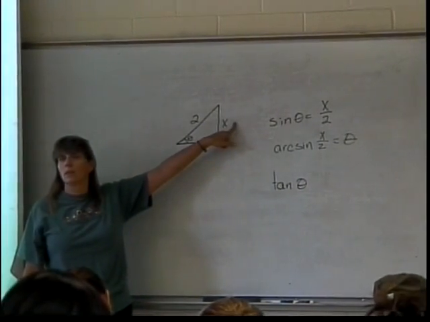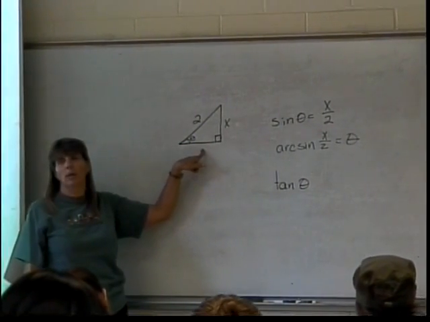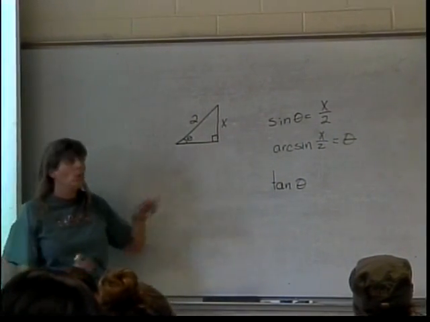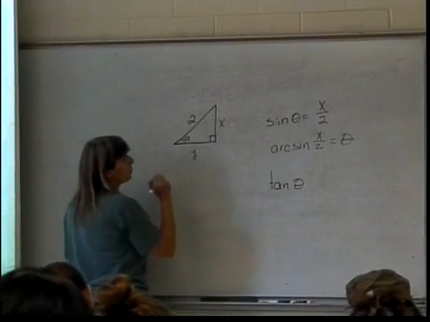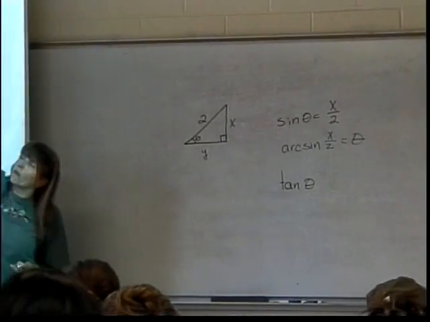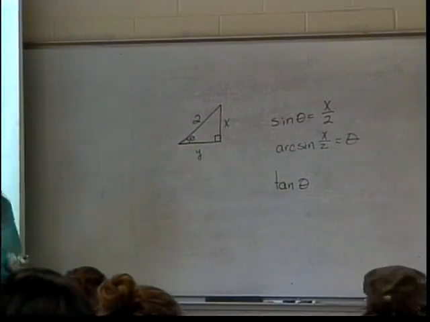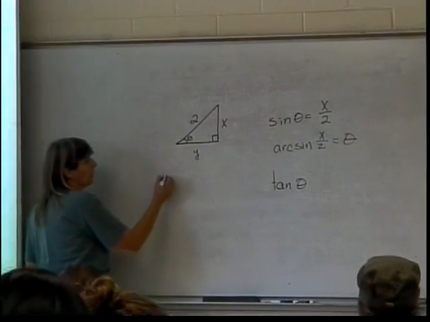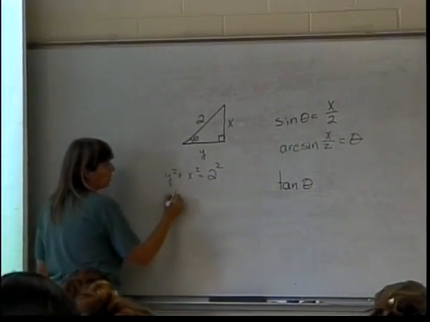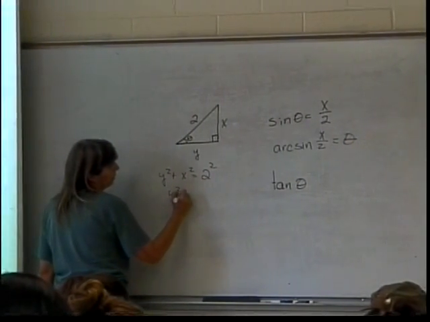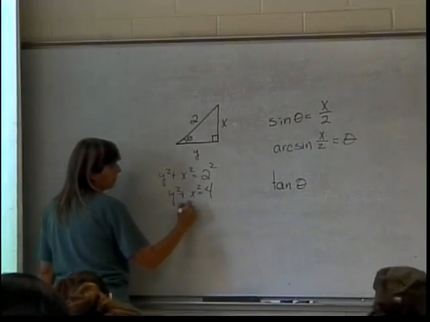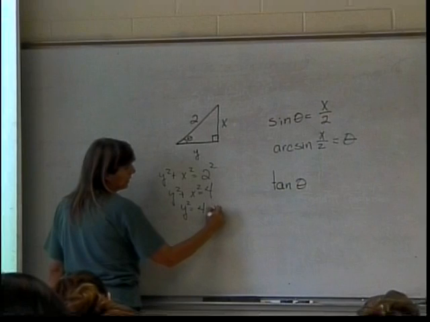Opposite and adjacent. Uh-oh, I got to find it. What do you want to call it? Y? Okay, that works. So we're going to call it y. Let's calculate what it is in terms of x's. Y squared plus x squared is equal to 2 squared. So y squared plus x squared is equal to 4. That means y squared is equal to 4 minus x squared.